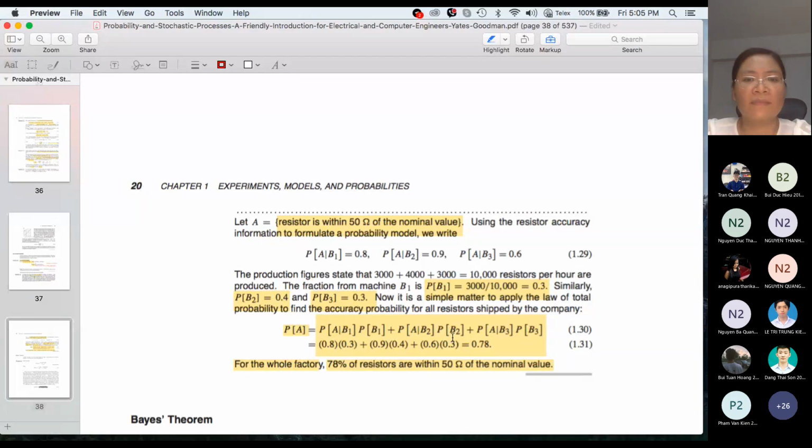From this example, I would think that the probability of the resistor being within the nominal value and made from B1 should be the probability of A and B1 occurring at the same time.